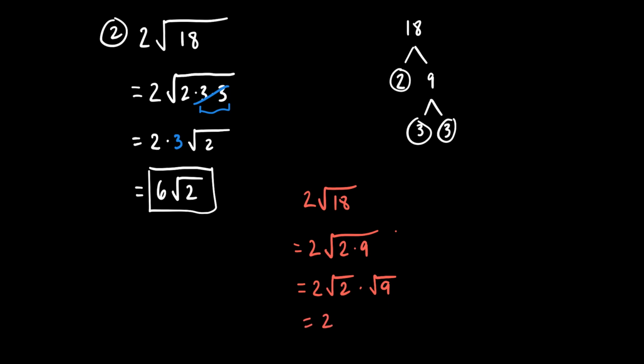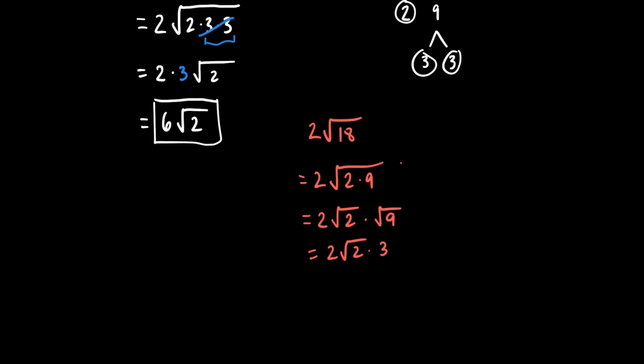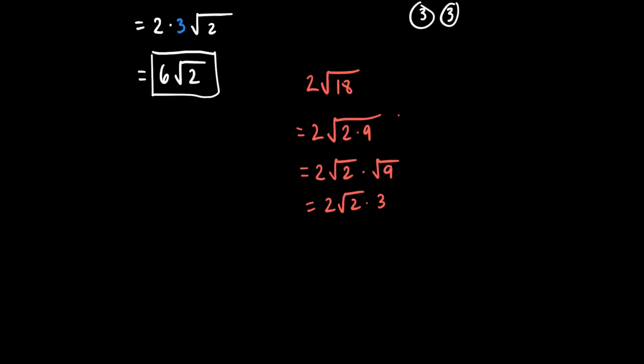And this would be 2 times the square root of 2 times 3. That 3 is not under the square root, by the way. Since we have a 2 and a 3 here and everything's getting multiplied together, that's equal to 6 radical 2. Same answer either way.